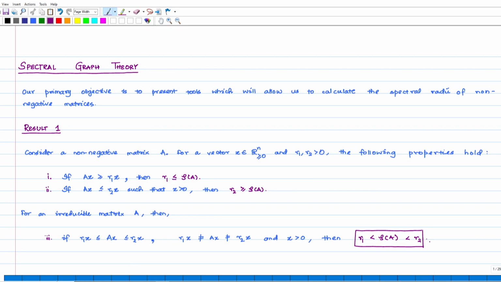So, now let us look at the proof of this result, which is also not very difficult. Okay. So, let us get started with the first part. To quickly remind you, it is given to us that A of x is greater than or equal to some R1 times x.